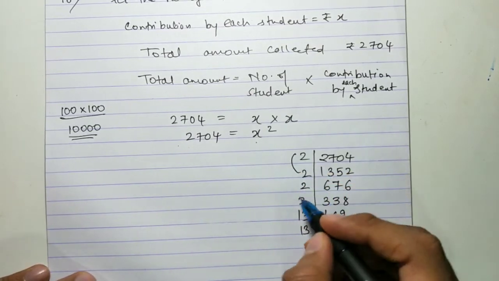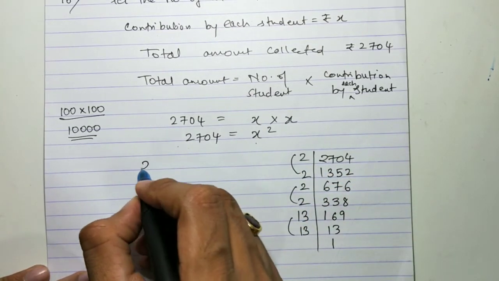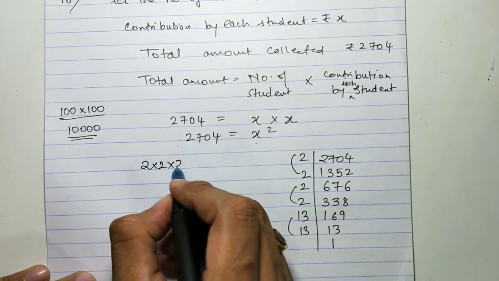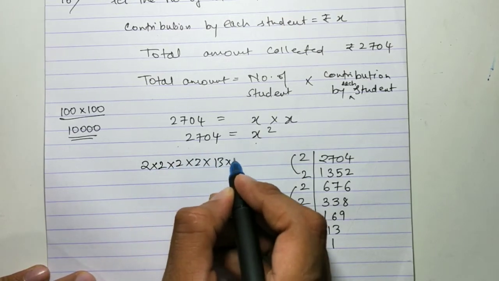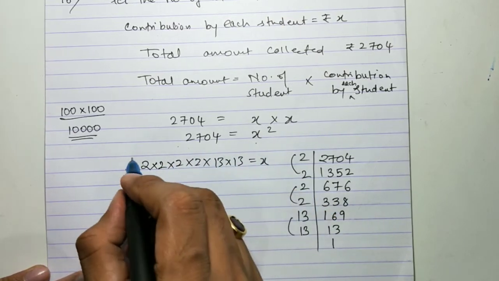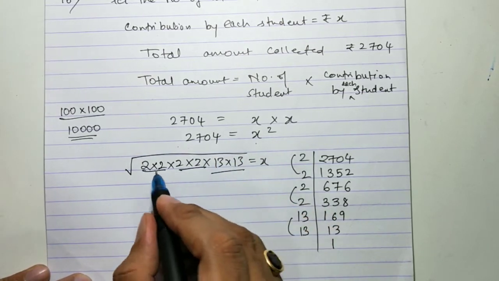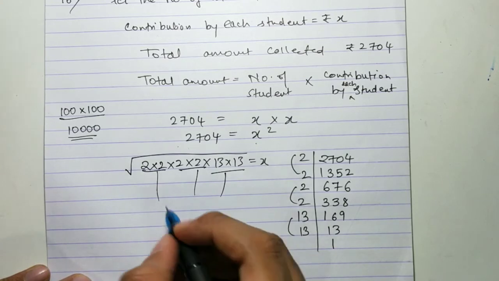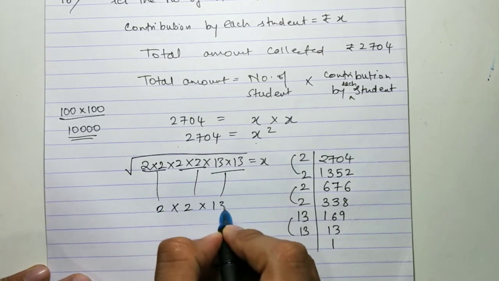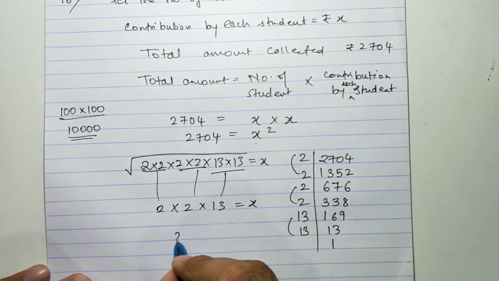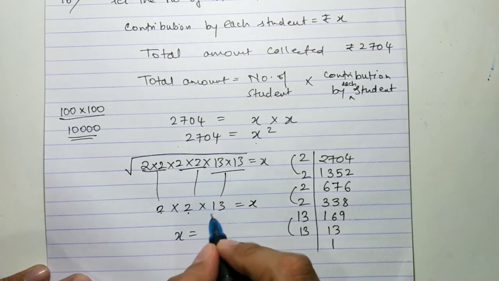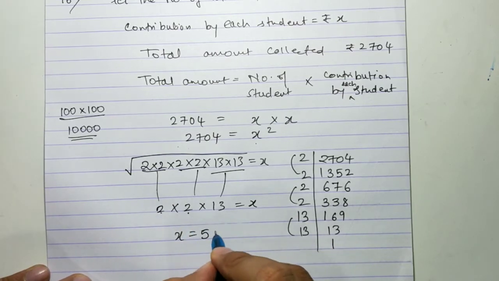So what will be the square root? These are the numbers. So 2 into 2, 2 into 2, 13 into 13. And we have to find the square root of this number. So take pairs and take one number each. Square root sign चली जाएगी. So 2 into 2 into 13. So what will be the value of x? 2 2s are 4, 13 into 4 is 52.